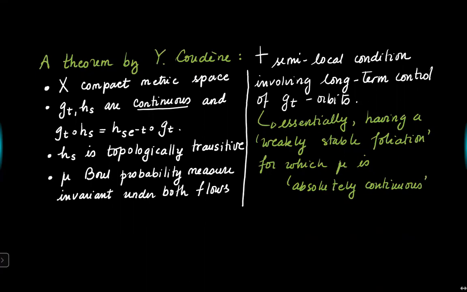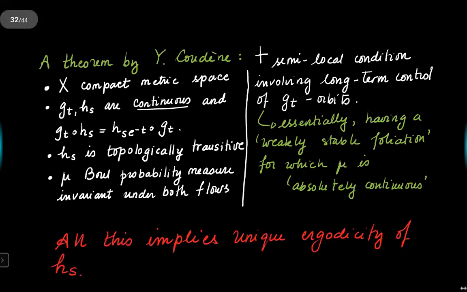I'm not saying the definition of these terms, but you have this local structure, then all this implies a unique ergodicity of the horocycle flow. So the main point here is that he manages to state all these conditions in a way which is suitable to deal with continuous flows, flows which have very little regularity.